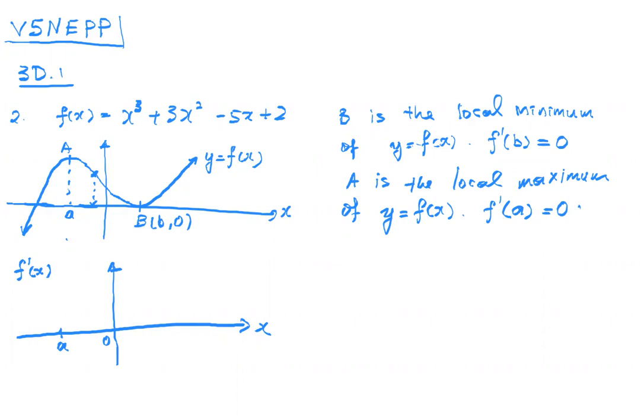Your f prime x graph will cut the x-axis at point A and point B. Am I right? When x equals A and x equals B, because of this.